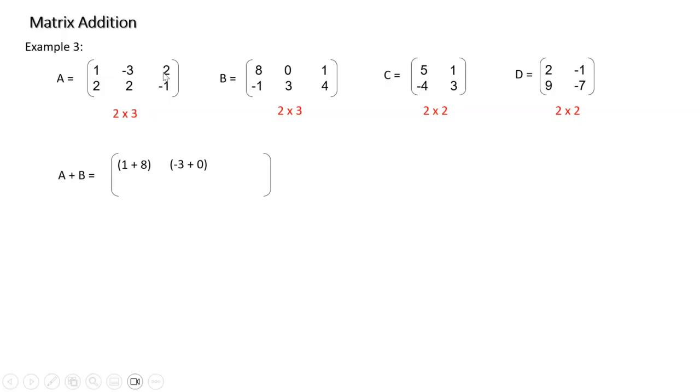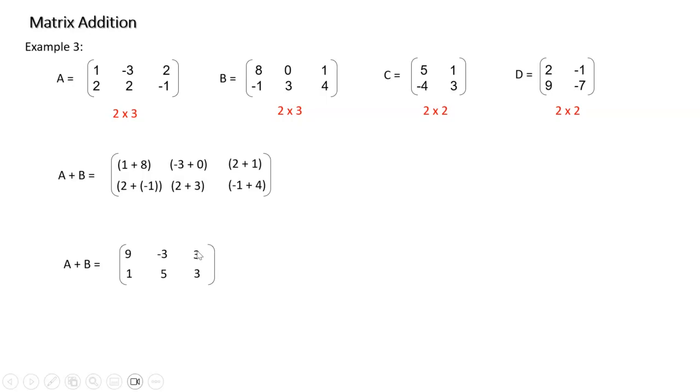For example, the last one on the first row is going to be the 2 and the 1, and then we repeat the process: 2 plus -1, 2 plus 3, and -1 plus 4. And the answer will be 7, -3, 3, 1, 5, and 3. This is the solution.